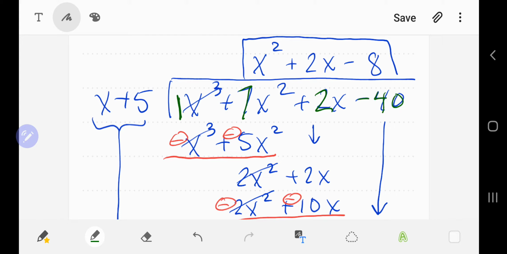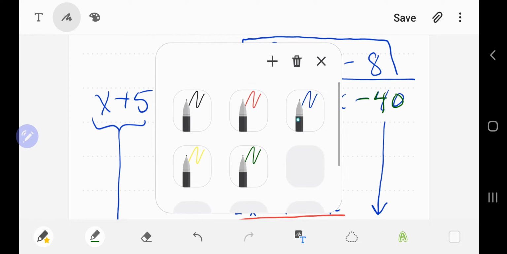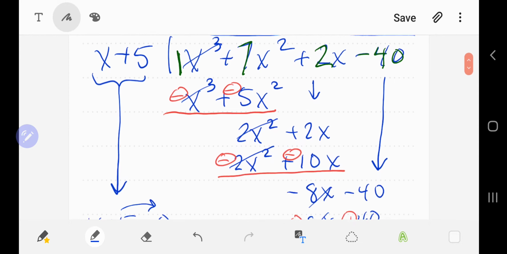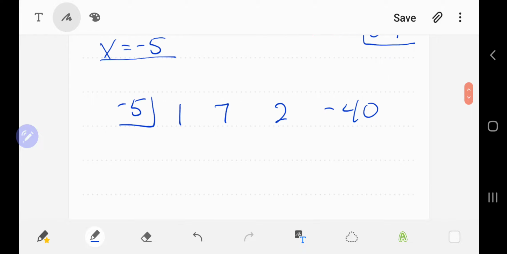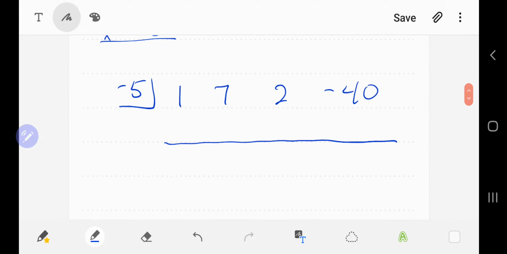I need to take all of those coefficients, 1, 7, 2, and negative 40, and I'm going to write those next to the box. And then we're going to draw a line down here, and this gets us set up and ready to go for synthetic division.